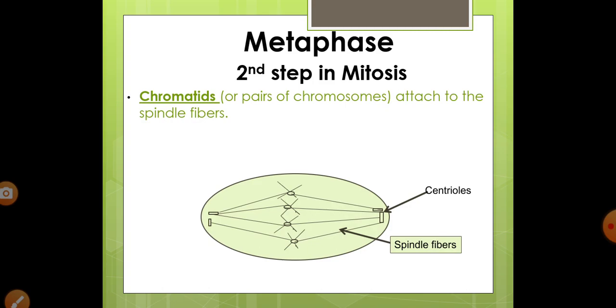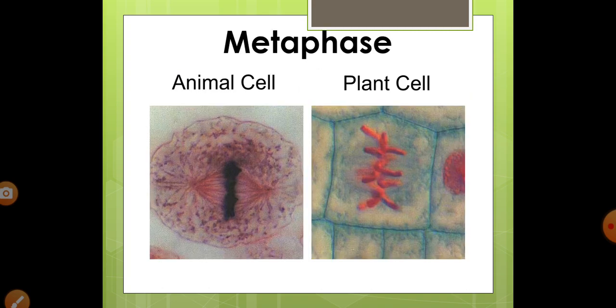In this diagram you can clearly see that the centrioles are in opposite directions, at the end of the poles opposite to each other, and the centromeres of the chromosomes are attached to the spindle fiber and they are lying on the equator. In animal cell and plant cell, we can see that the chromosomes are aligned at the equator in one line. Clearly the chromosomes are visible.